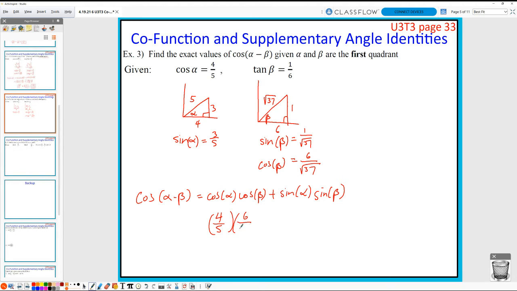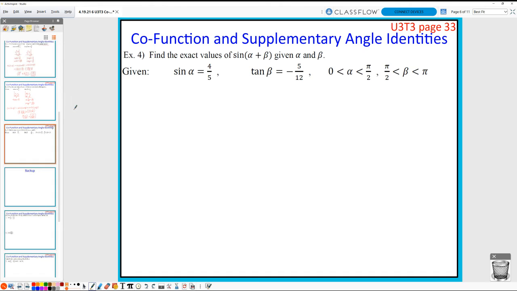Cosine beta is 6 over root 37. Plus sine of alpha is 3/5. Sine of beta is 1 over root 37. Now notice each time my denominator is always the same. So there's not crazy calculations or anything here. I got 24 plus 3 all over 5 root 37, which is 27 over 5 root 37. And no need to rationalize the denominator. We're good to go there.